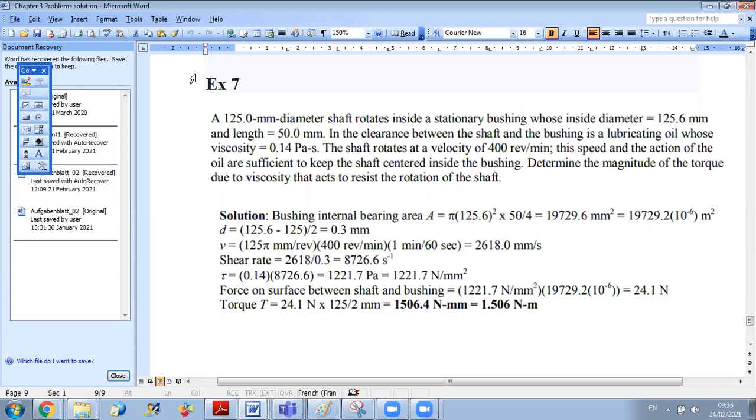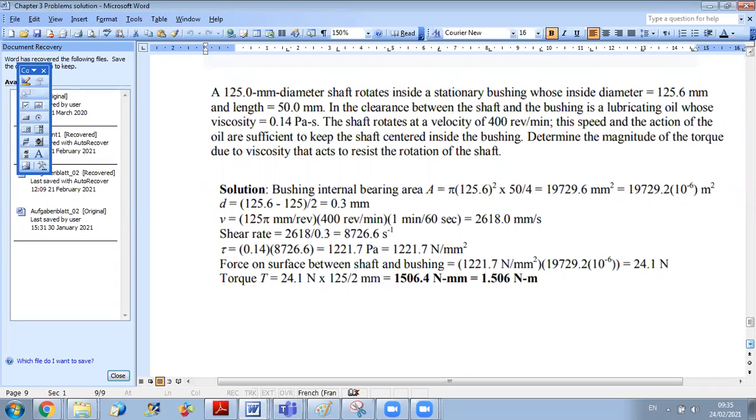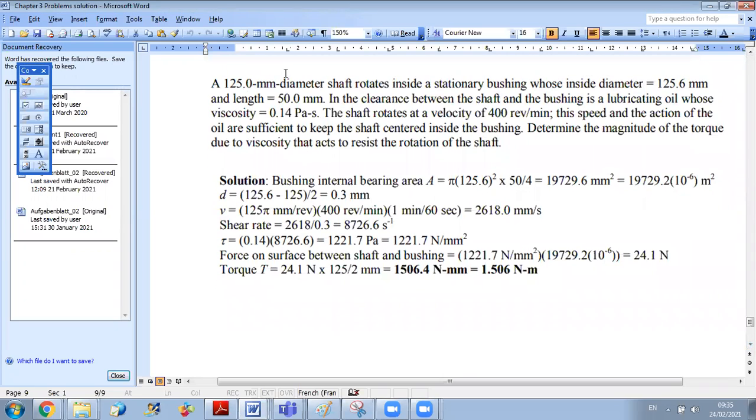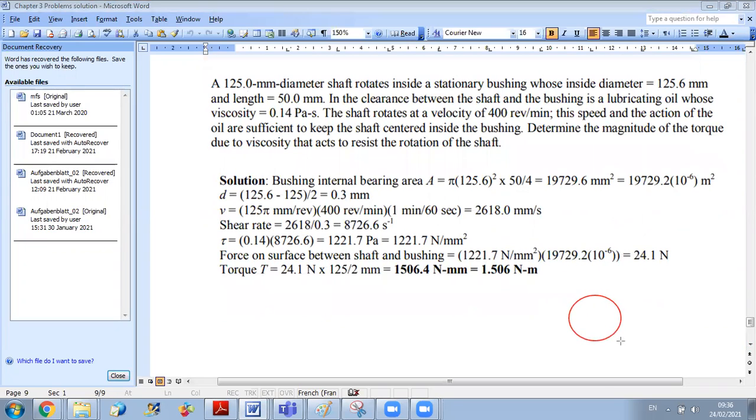So here it might be a little complex when you read it, but when you do a figure, you will see that it's simple. What we have here is a shaft, and we have a fixed bushing around. They gave us the information about dimensions.